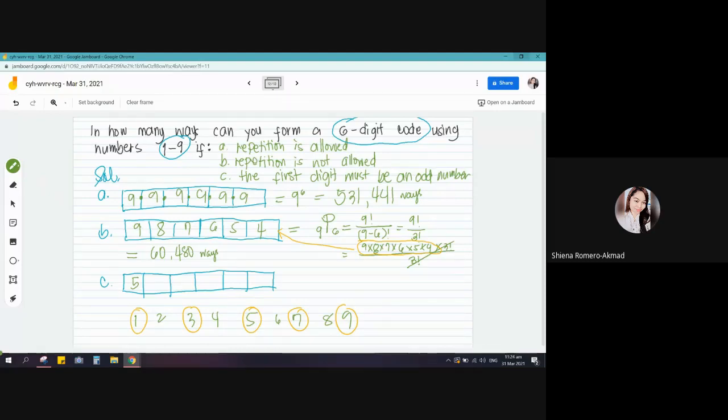So, kung 5 choices yan and we choose 1, how about the other positions? Ilan na lang po? Dito, hindi naman odd number. Dito, hindi rin. Dito, hindi rin. So, ilan na lang po yung choices natin for the second position up to the last position?